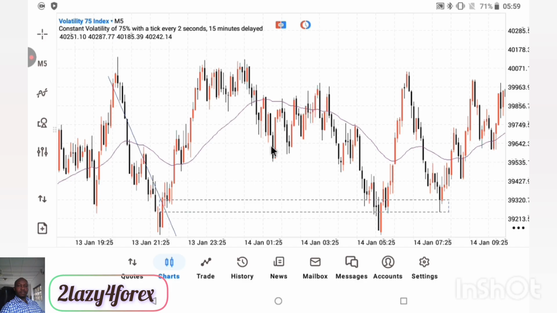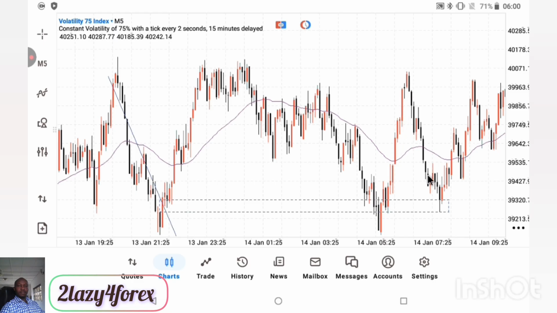It didn't have much strength to go further, so it came back again and did a lower time frame entry confirmation. I've seen that entry confirmation in the lower time frame. Maybe on the 1 hour and 1 minute chart, there would have been a break above. This would have been the lowest high on the lower time frame.